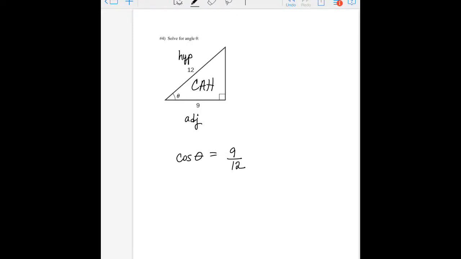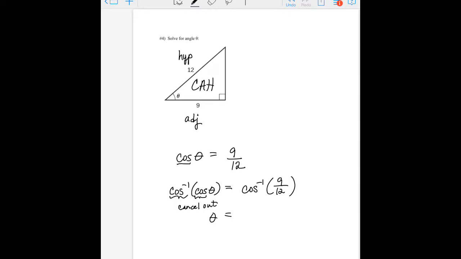So to solve for the angle, this time we have to remove the cosine there. So you probably learned about trigonometric inverses. So what you can do is take the cosine inverse of each side. So I just put the left side in parentheses. Take the cosine inverse of 9 over 12. That's the right side. And remember that there's a property here that says the cosine inverse and the cosine cancel out.